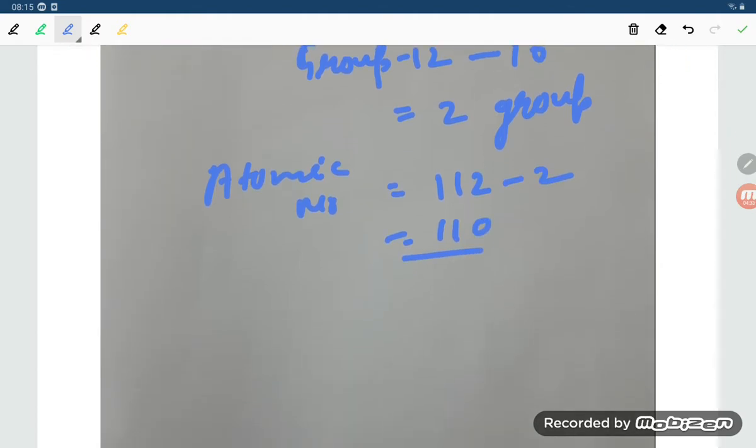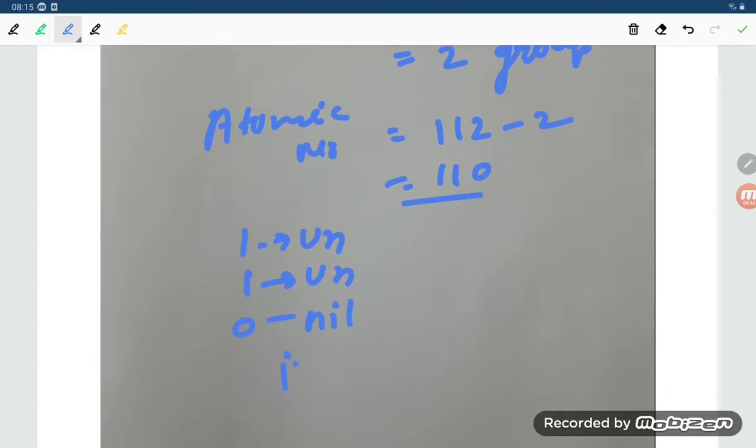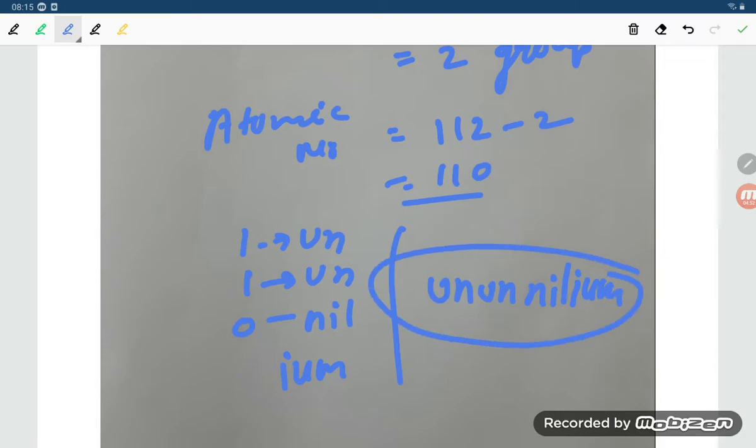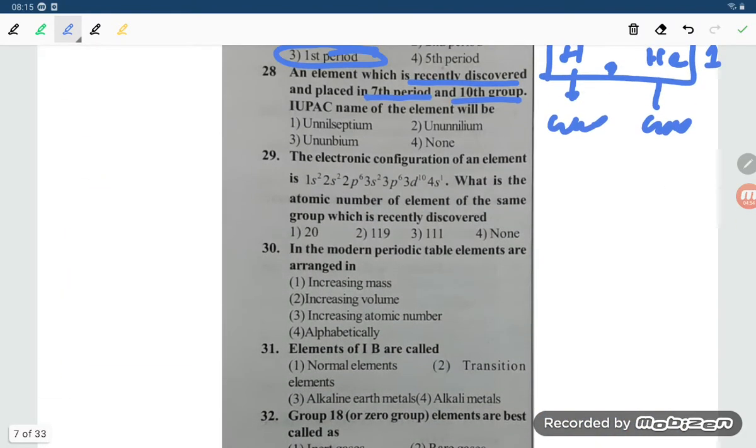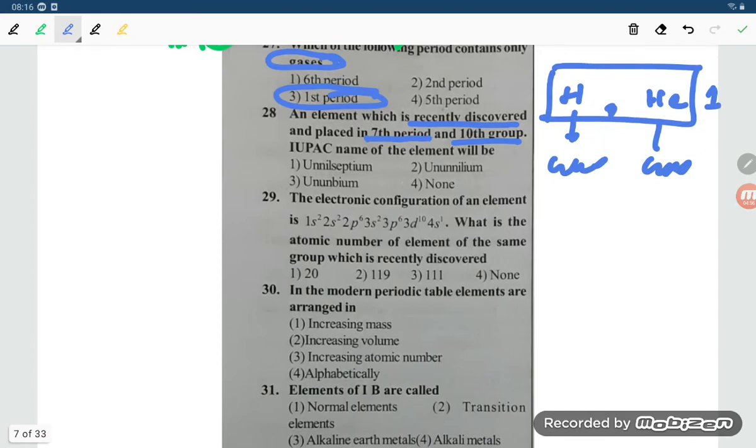The IUPAC name of this element: 1 is represented by un, and again 1 is un, 0 means nil. Since all are metals, at the end it is ium, so it will be ununnilium. Now let us check with the options, student. Option number 2 is correct.